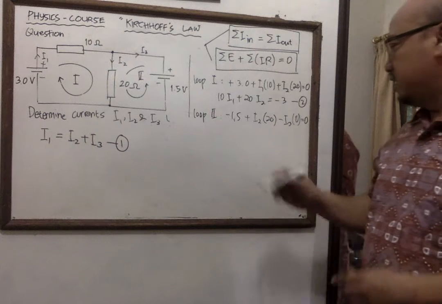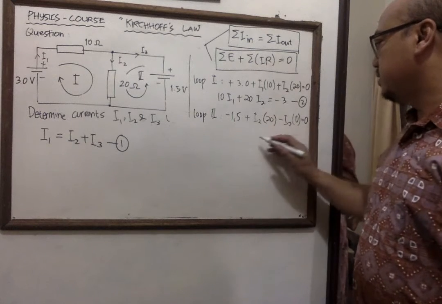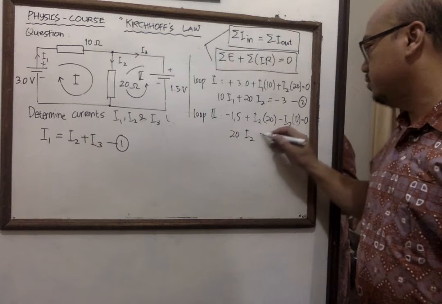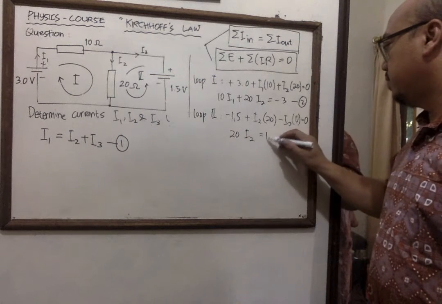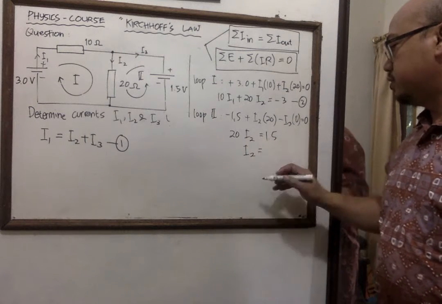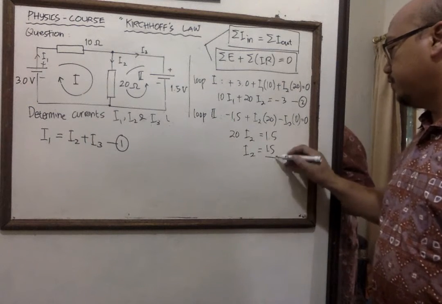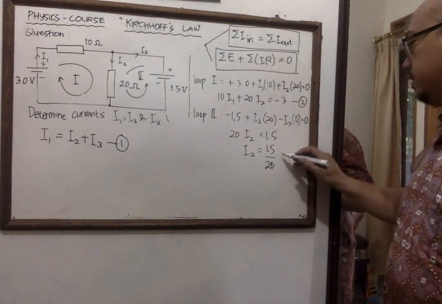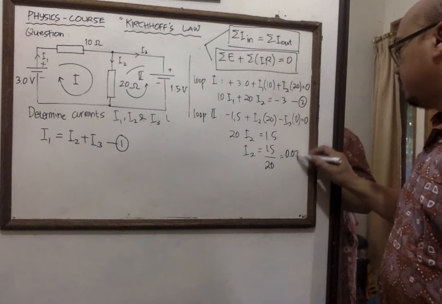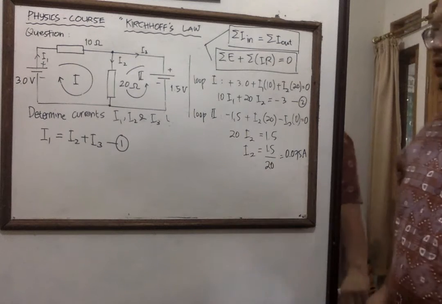If we simplify this equation, we get 20 I2 equals 1.5, so I2 equals 1.5 divided by 20, which is 0.075 ampere.